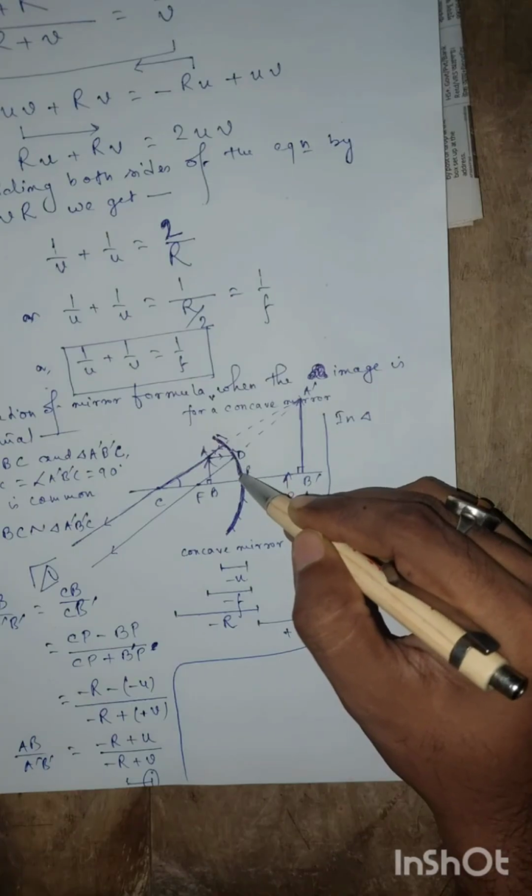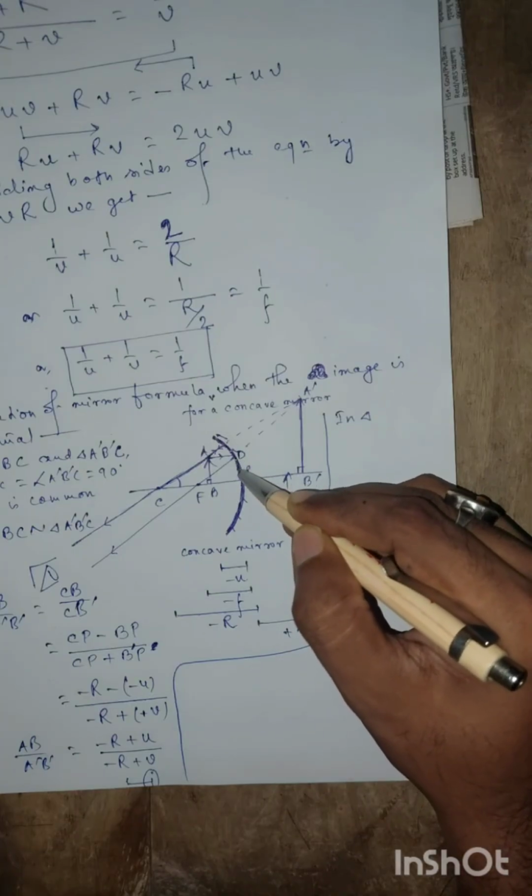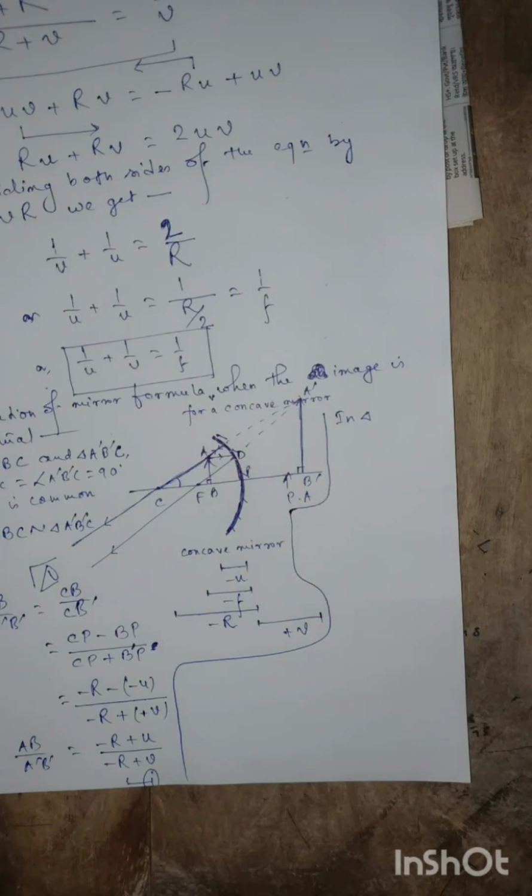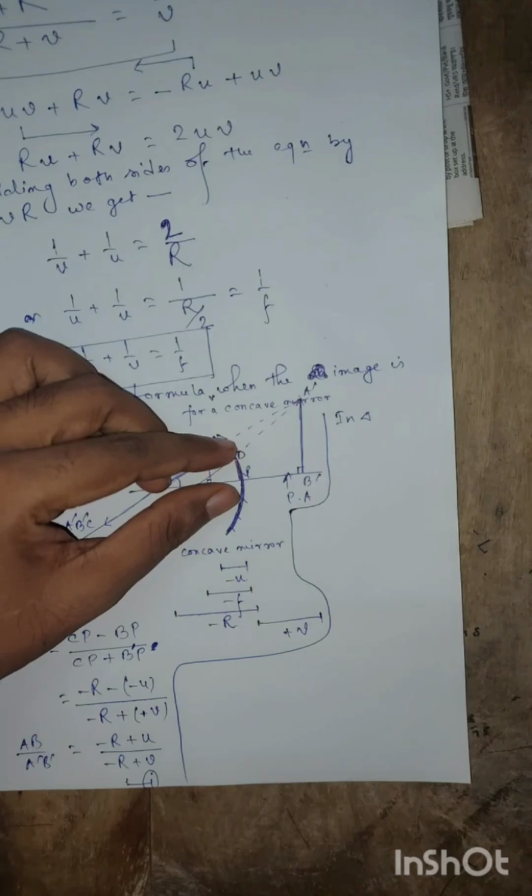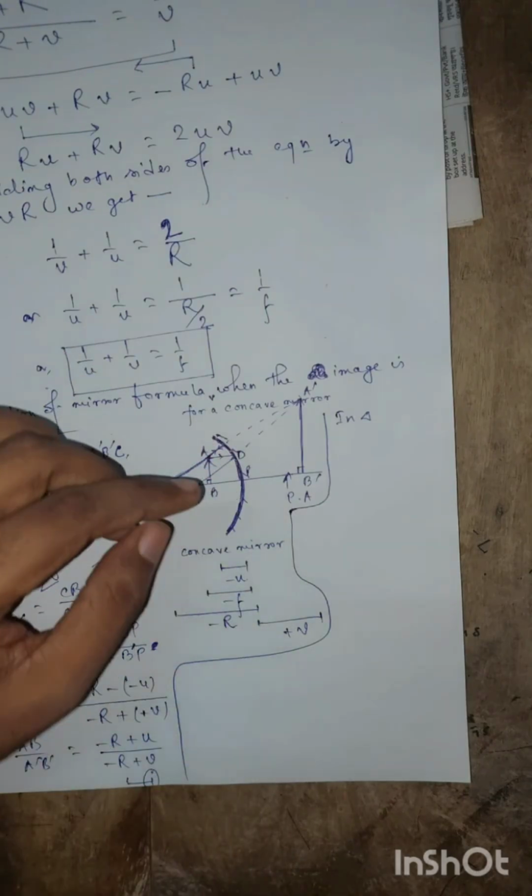If we ignore the curvature, we can assume that DP is a line segment.